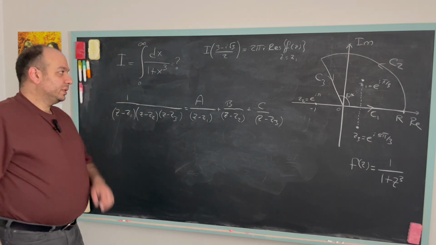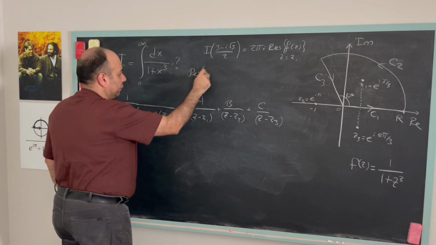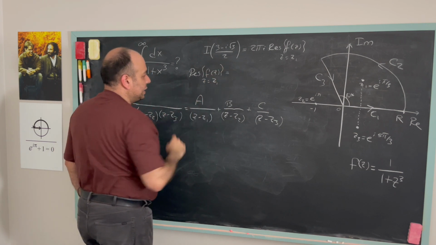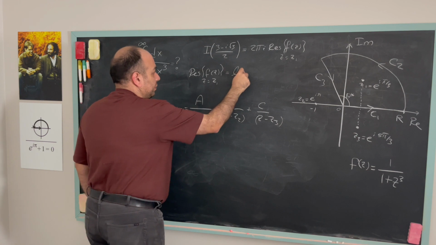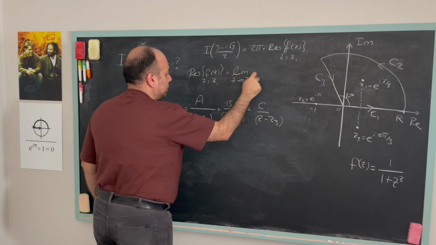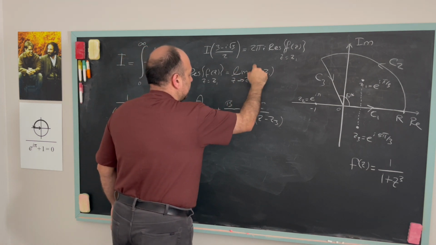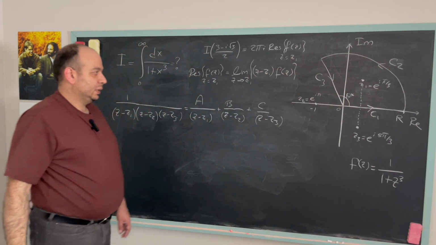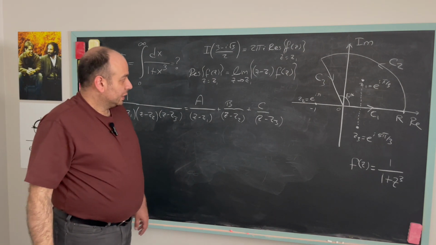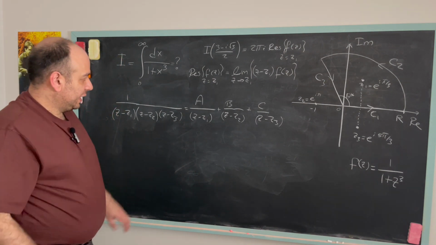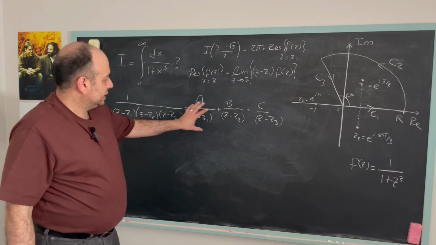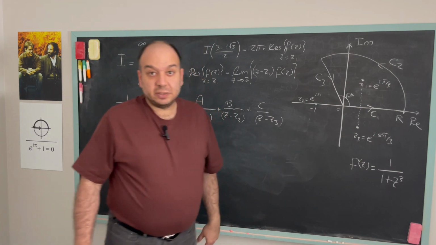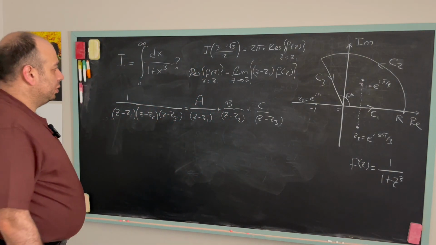Just a quick reminder, the residue of f of z at z equal to z1 is simply the limit when z goes to z1 of z minus z1 times f of z. By the way, as we see here, z1, z2, and z3 are all simple poles.